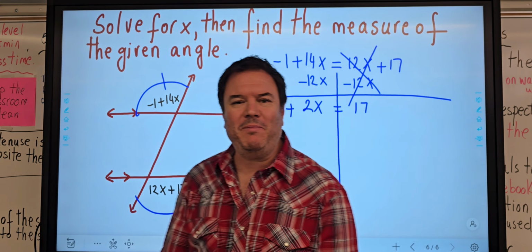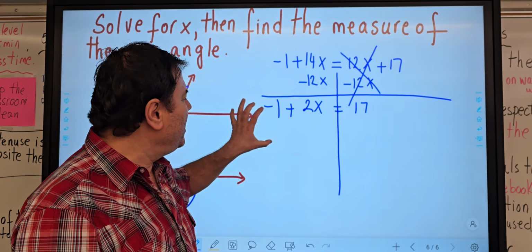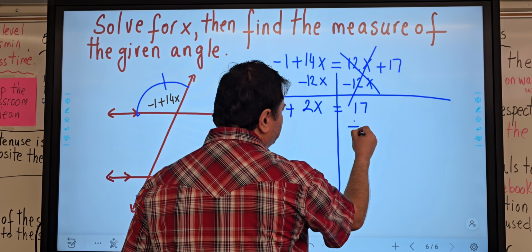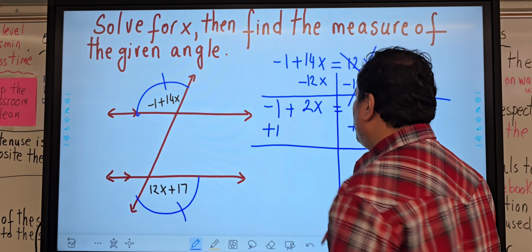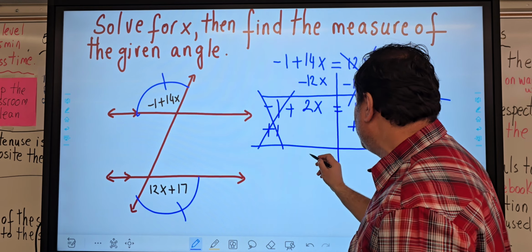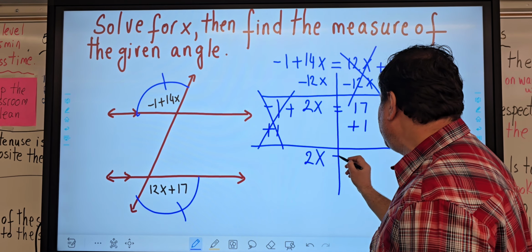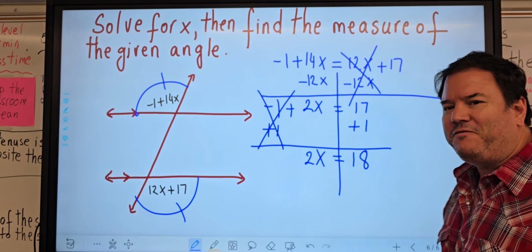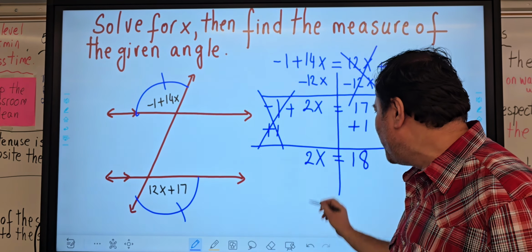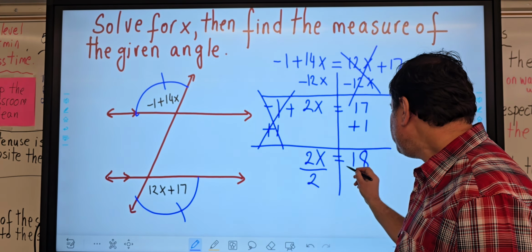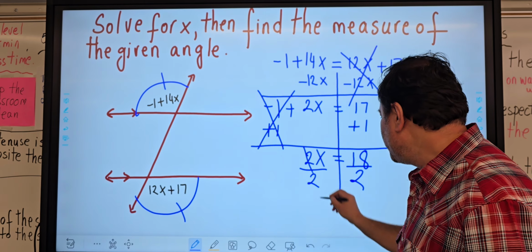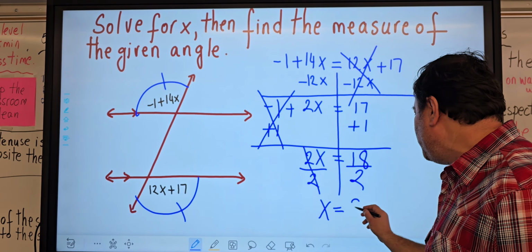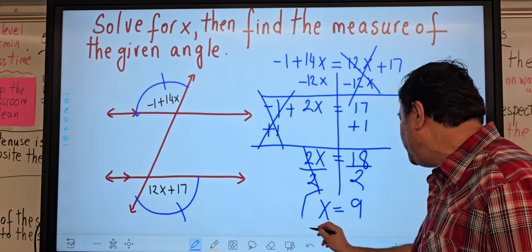Now we have a two-step equation, and now we have to add 1 on both sides. 1 and negative 1 cancel out, so now we get 2x equals 17 plus 1, which becomes 18. And finally, we are going to divide both sides by 2. This cancels out, so we get x equals half of 18, which is 9, because 9 times 2 is 18.